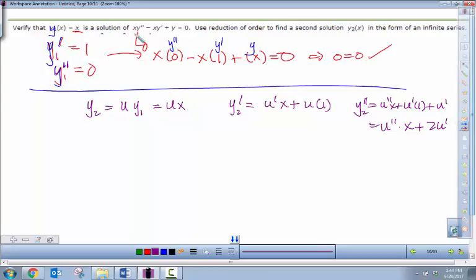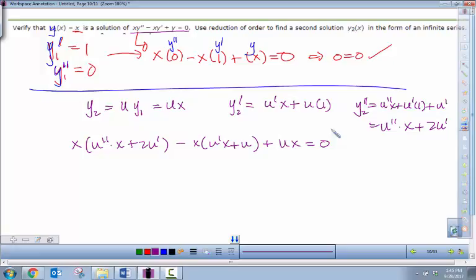So if we plug that into this differential equation, we're going to get x times (u double prime times x plus 2u prime) minus x times (u prime x plus u) plus (u times x), and that should equal 0.